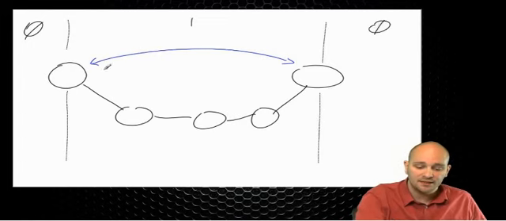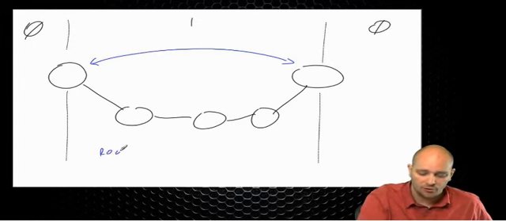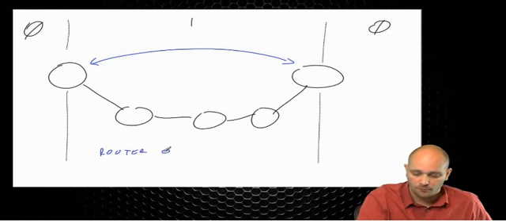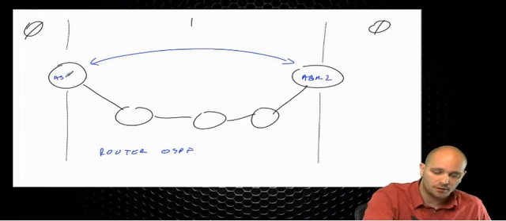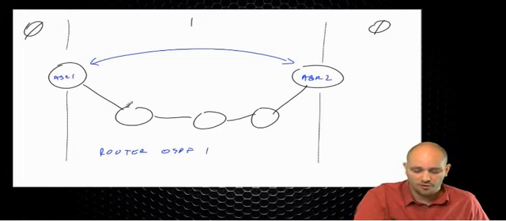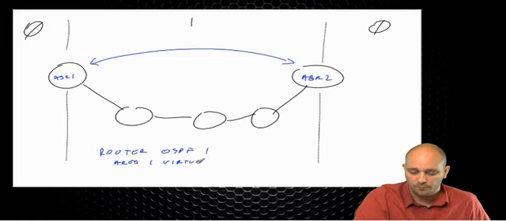Now, when I'm building this virtual link, what I'm configuring is router OSPF. Let's say that this is ABR2 and this is ABR1. So I'm going to say router OSPF 1, and I'm going to say area 1 virtual-link, and let's say ABR2.